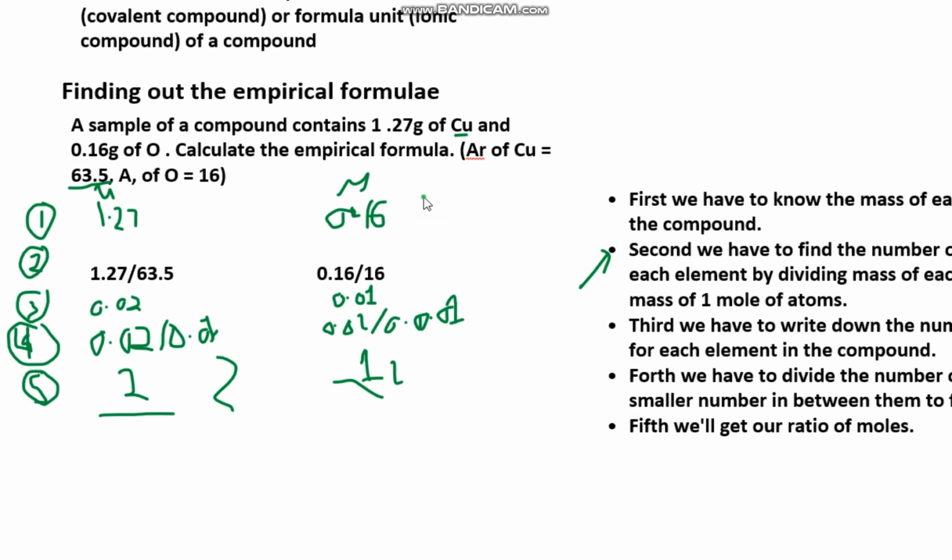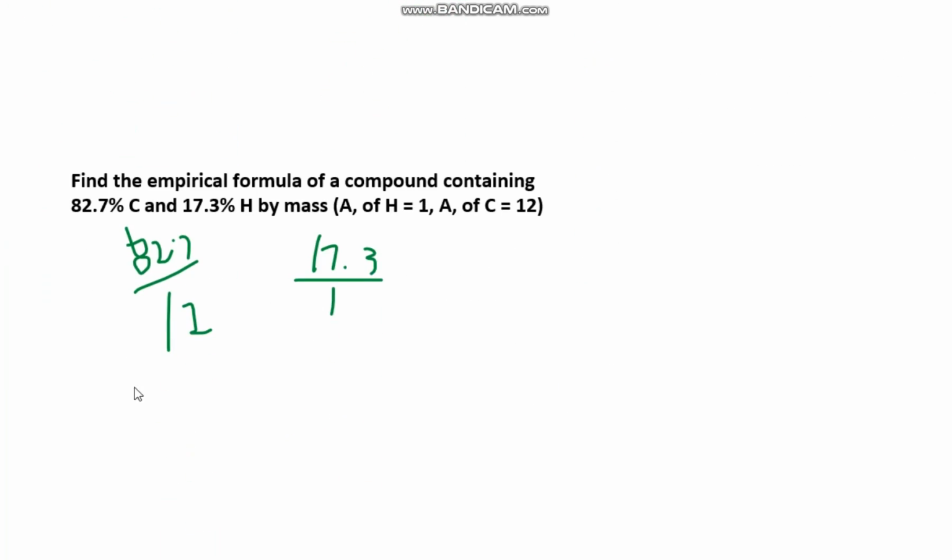The first step we have to just write down in a different column. Just mention C here and mention H here to make it easier, and then we have to divide, and when we divide we get an answer here 6.89, and we get an answer here 17.3.